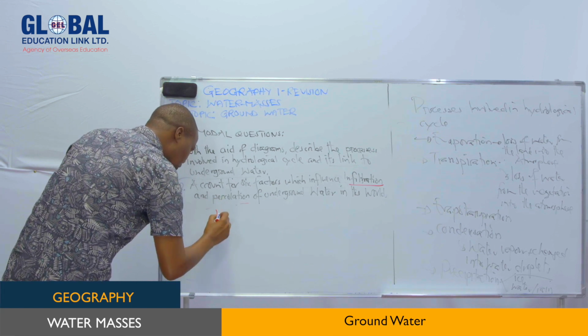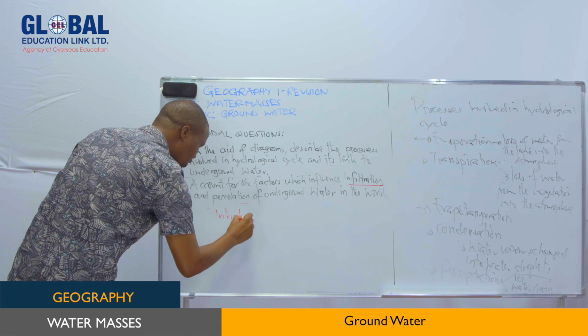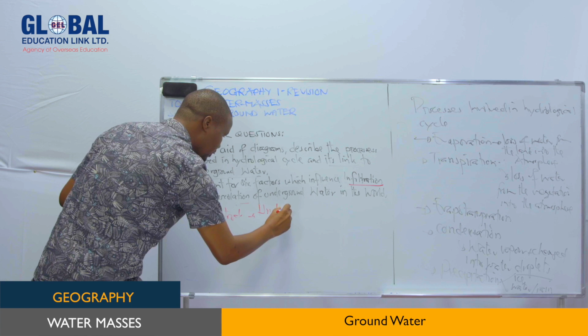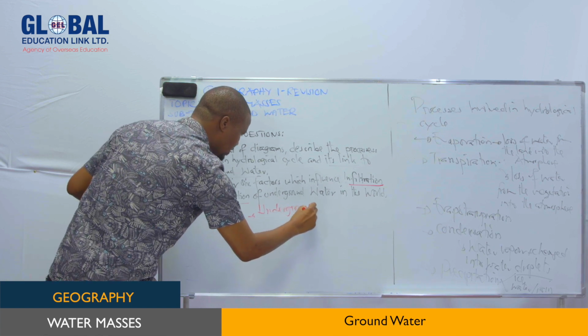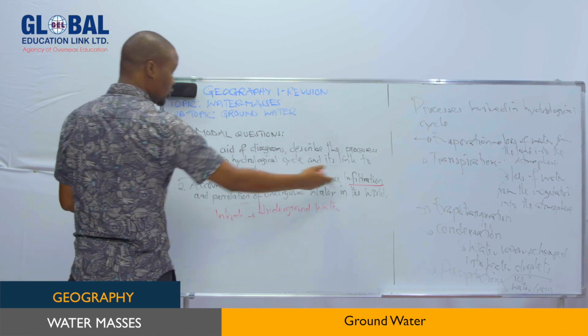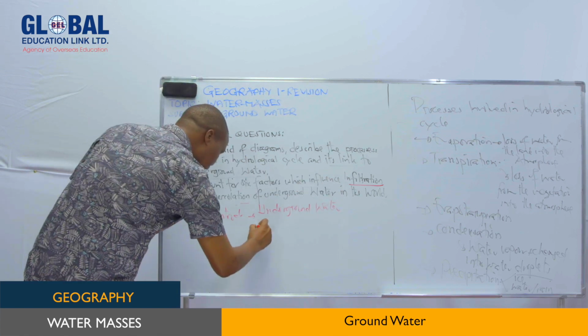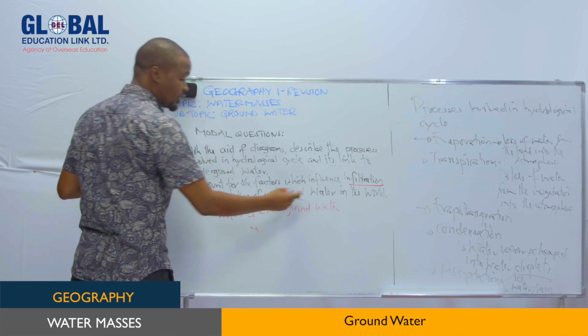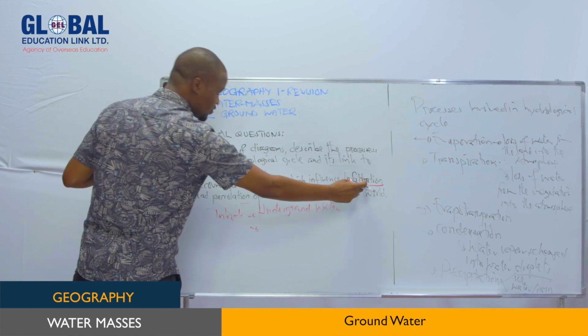In your introduction, you have to explain what underground water is. Are we together? In your introduction, you have to explain what underground water is. And second, you explain that water gets into the ground passing through 2 processes, infiltration and percolation.